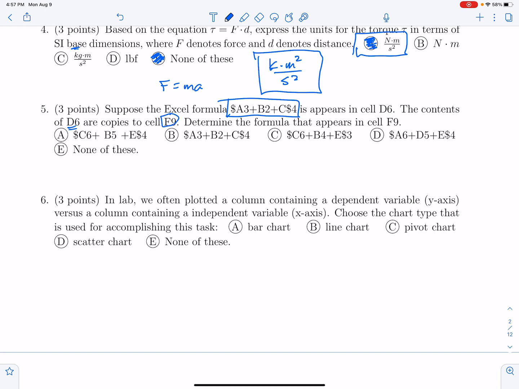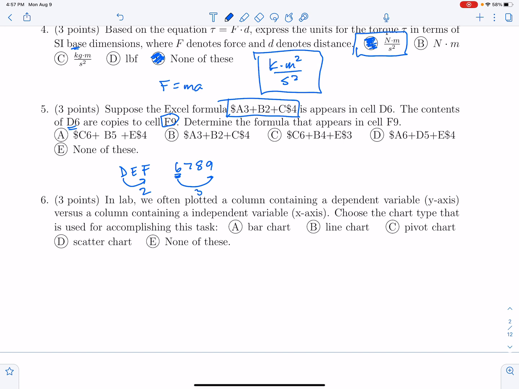So I'm looking at this D, E, F, and then from 6 to 9, it'd be 6, 7, 8, 9. And so in the column setting, that starts with a letter, that's an increment of 2. And for the row number, that's an increment of 3 positions.